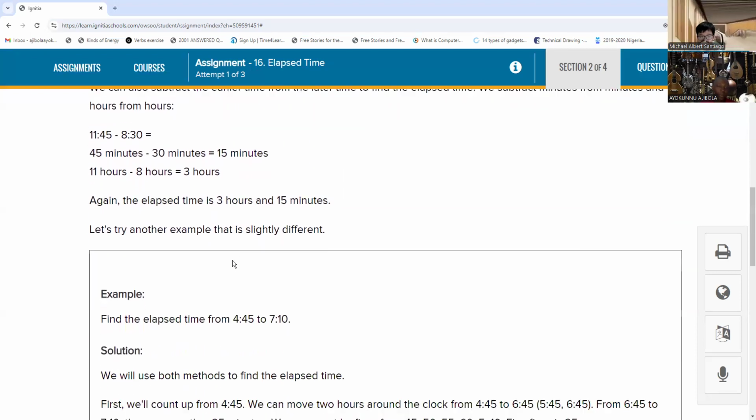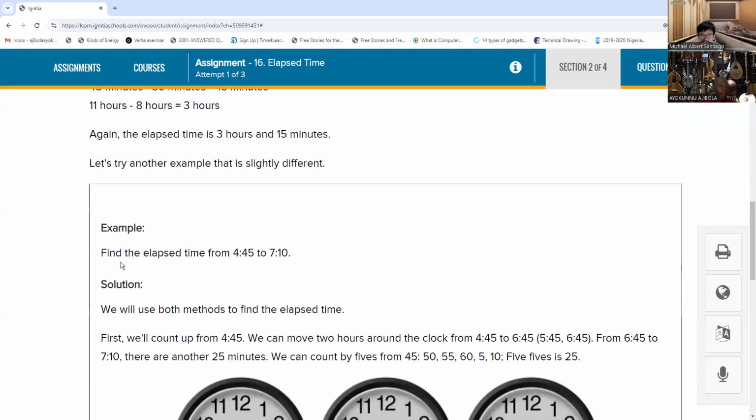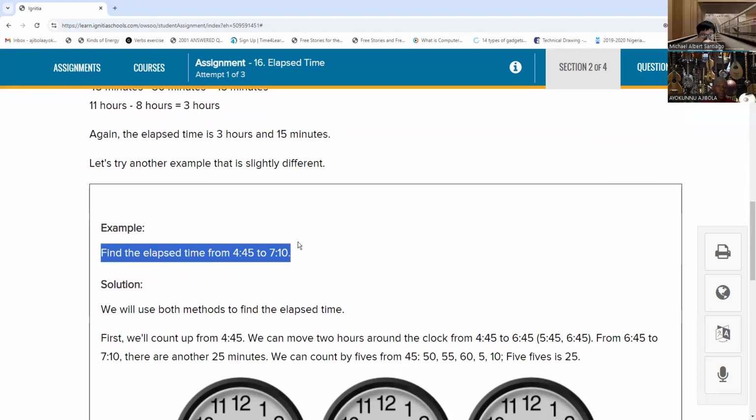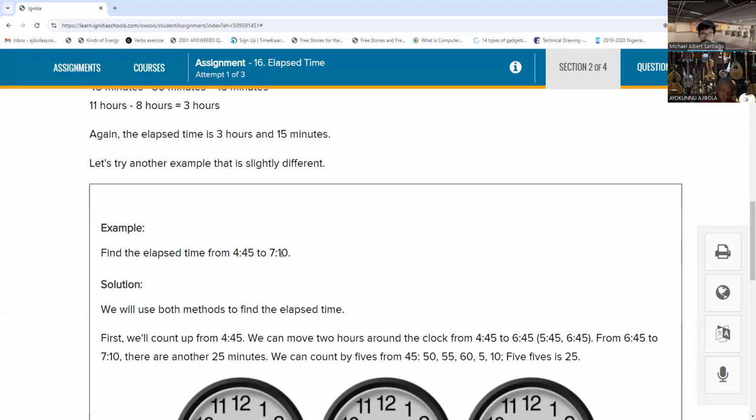So let's try another example that is slightly different. Find the time elapsed from 4:45 to 7:10. Now, 10 minus 45 would not be possible. So we're going to take 1 hour from 7. It becomes 60 minutes. That's 70 minus 45, okay?